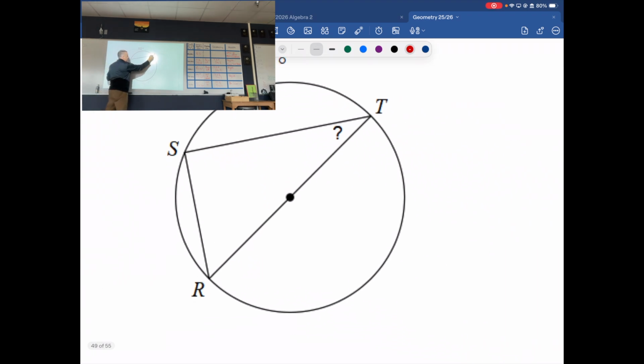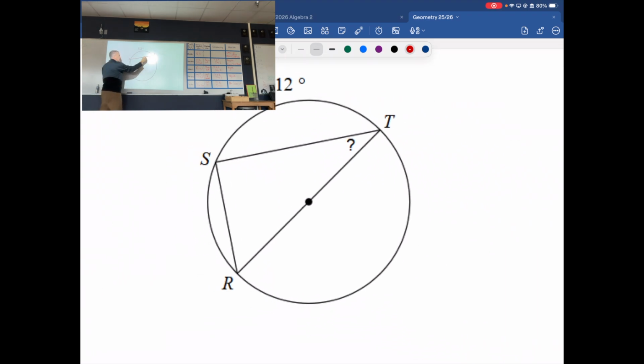So I've got this angle creates this arc. So if I can find the measure of this arc, I can find the measure of that angle. I know that's 112.